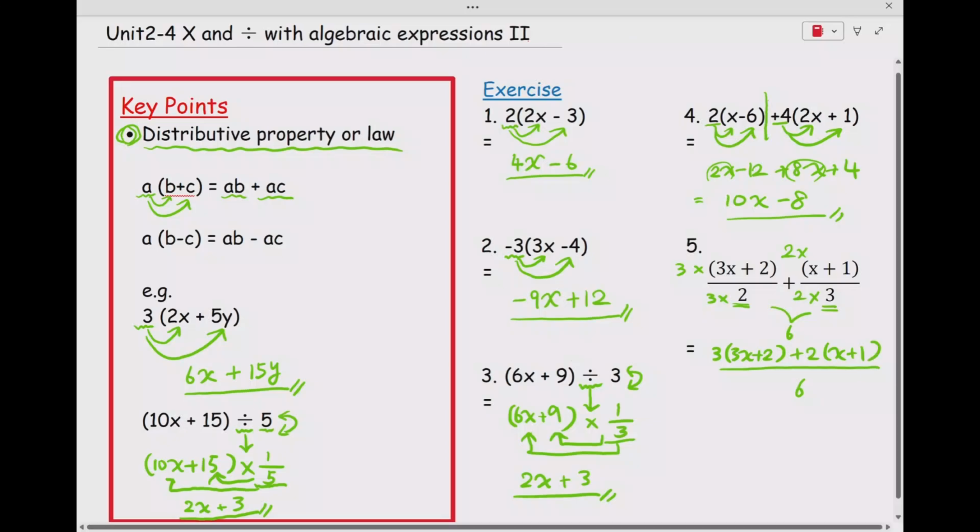And if we calculate each of these numerators this way by the distributive law, we get 9x plus 6, plus 2x plus 2. Putting this together, we get 11x plus 8 as the numerator, and together with the denominator, the answer would be (11x + 8)/6.